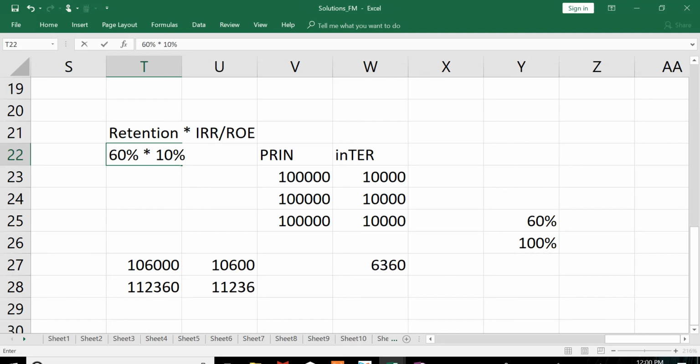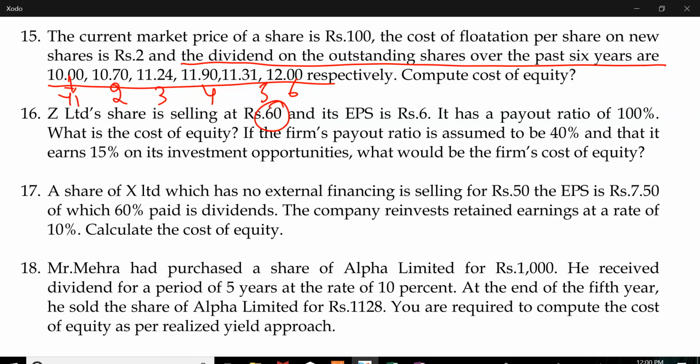Somebody wants to grow more, retain 100%. If you retain 100%, the growth will be 100% into 10%, which means you can keep growing your FD at the rate of 10%. Your principal and interest income will keep growing at the rate of 10%. So the formula for growth is retention ratio into IRR/ROE. Two different names are given. Sometimes they'll say IRR, sometimes they'll say ROE. Can we start this question now?